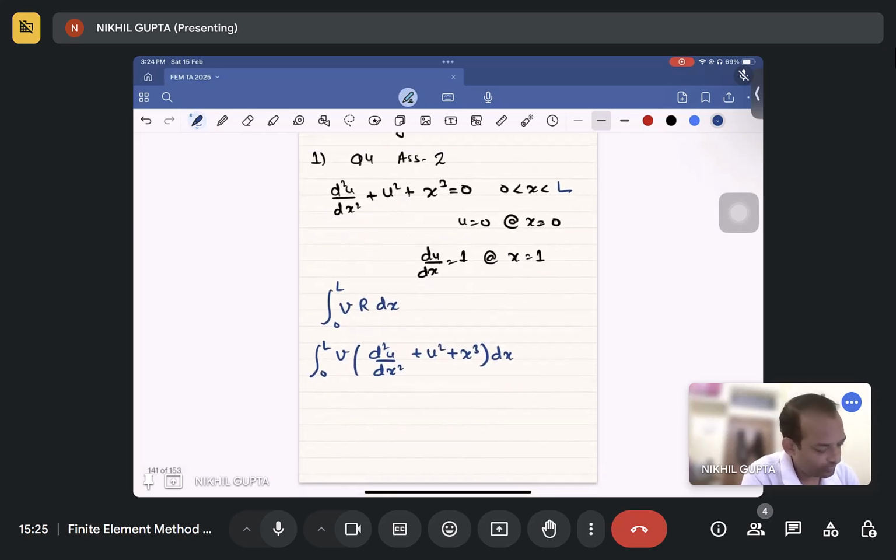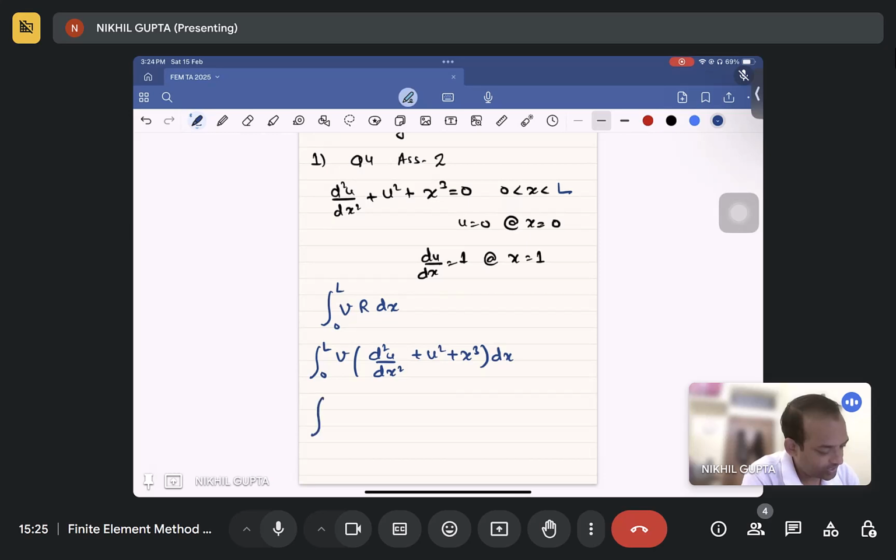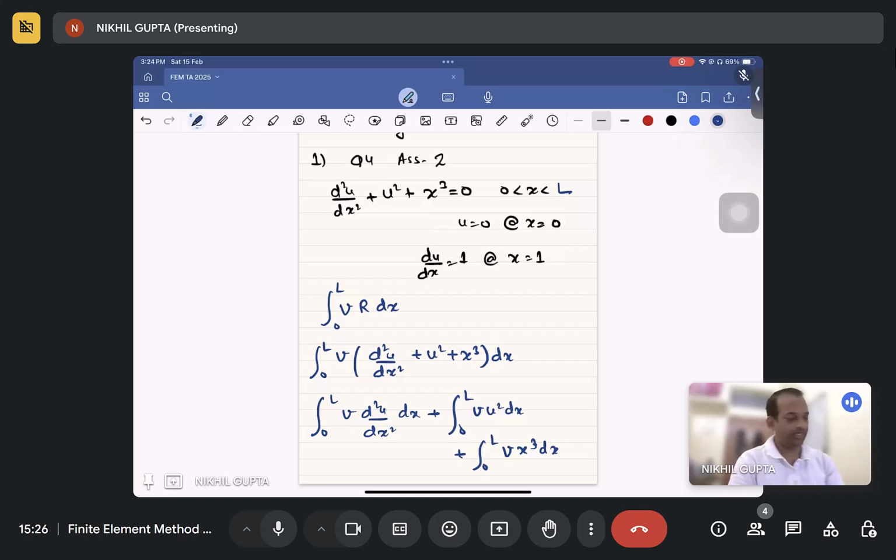Now when you open it, you'll get integral 0 to L v d2u dx square dx plus integral 0 to L v u square dx plus integral 0 to L v x cube dx. I'm just multiplying v with all the terms.